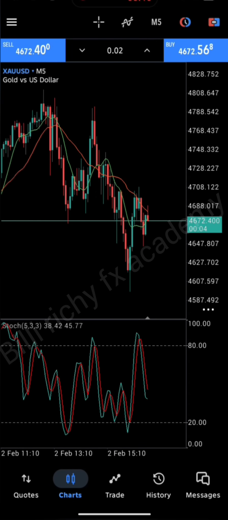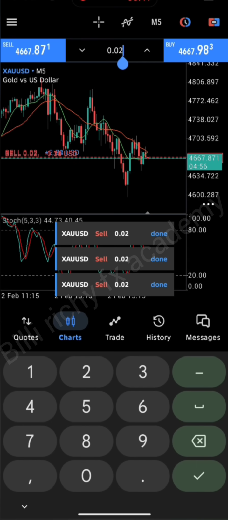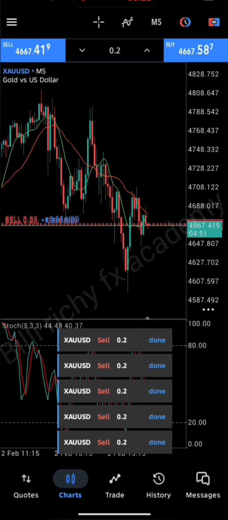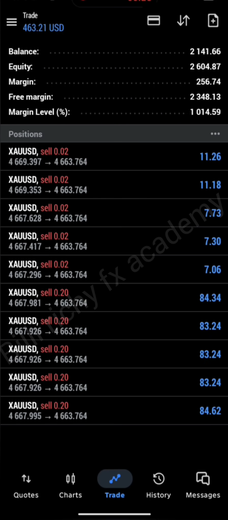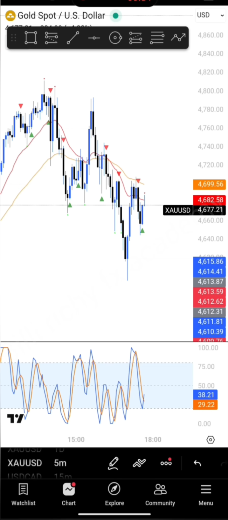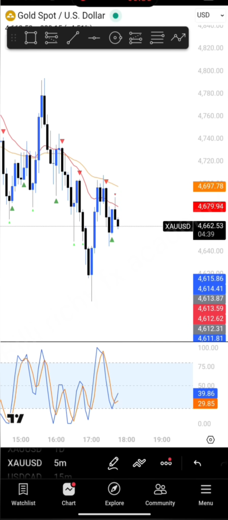I have a new setup on the 5 minute time frame again. So it is a sell setup. Let's enter the sell fast. Look at the sell signal.